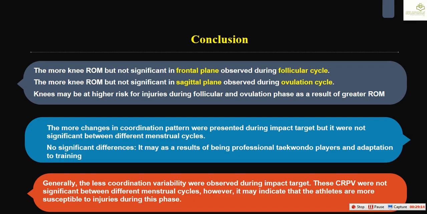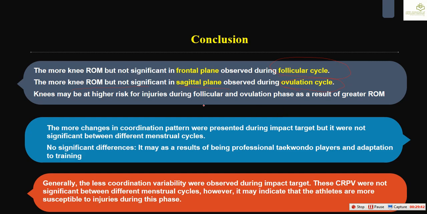In conclusion, we found that the knee had more range of motion in the frontal plane during the follicular phase of the menstrual cycles, and knee range of motion was more in the sagittal plane during the ovulation cycle of the menstrual cycles.